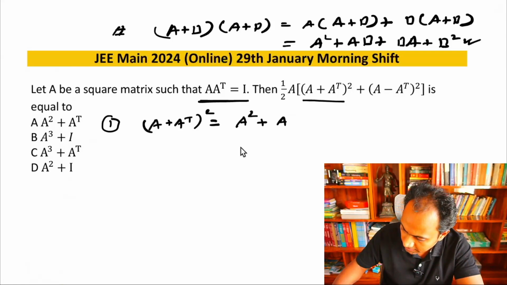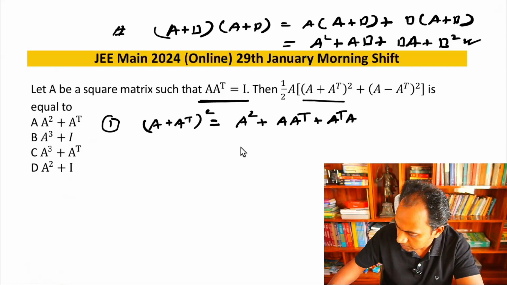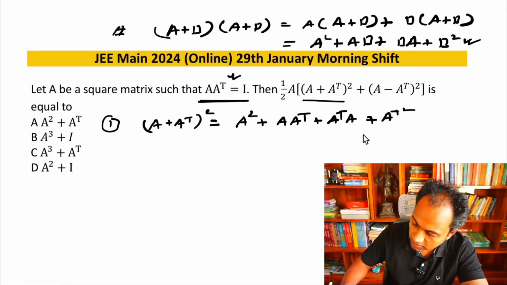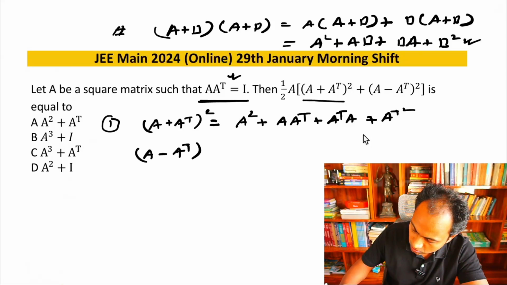But then I will get A into transpose of A plus A transpose into A, plus A transpose whole square. Now if I do this same process for the other one also, it will become (A minus A transpose) whole square.